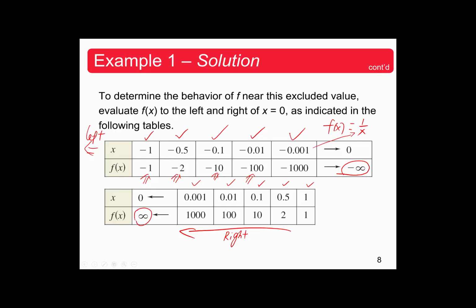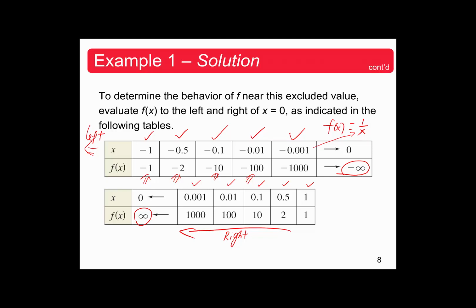That's the behavior when x approaches 0. So that's why x can never be 0. If x is 0, the function becomes undefined.